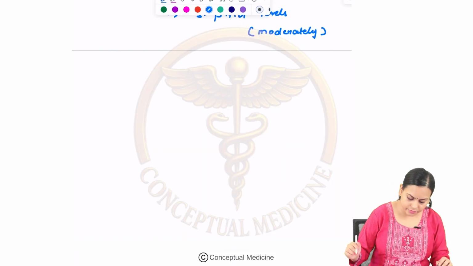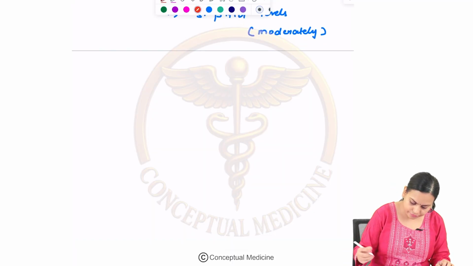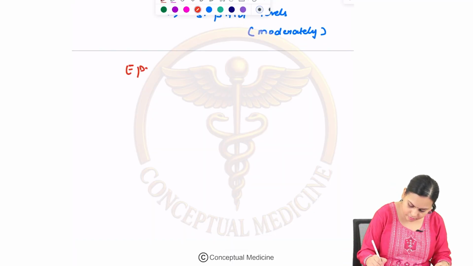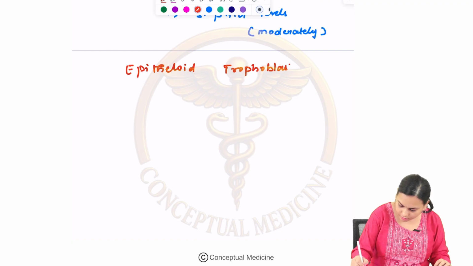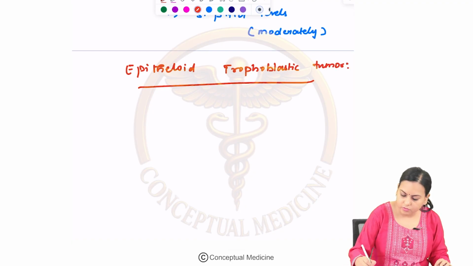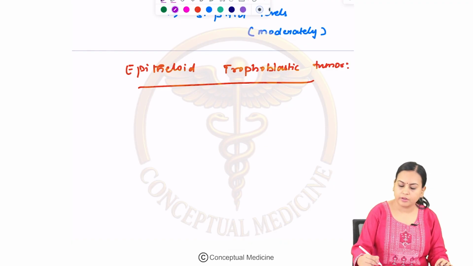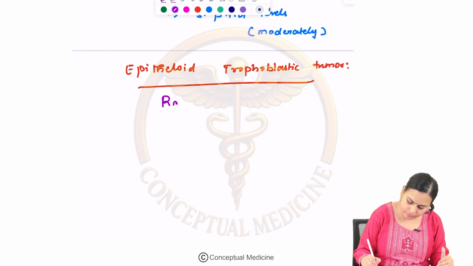The next one is epithelioid trophoblastic tumor. This is also one of the rare tumors in this category.